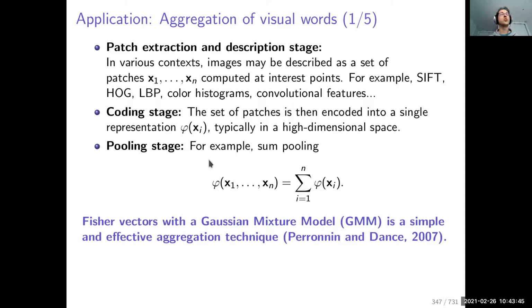And then given a specific image that is represented by these local features x1 to xn, we would represent this set of features as the sum of phi of xi, phi of xi being, in fact, the Fisher vector. So here, this slide is more generic. I have not introduced the Fisher vector for this specific example. It's simply a coding stage of features, phi of xi, and some pooling to represent the set.